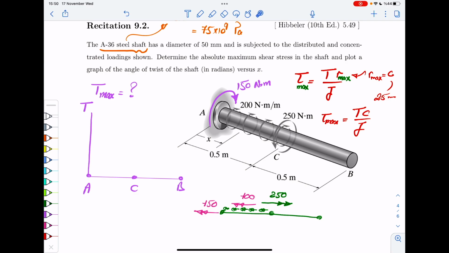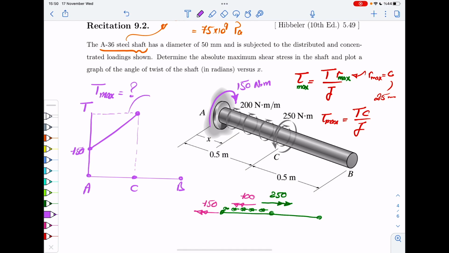Now, if you cut it somewhere here, you would have 150 plus the slope of the line, which is 200 times x. You get that much moment. So you start at 150 at A, and then you would have this line, and the slope of the line is 200.